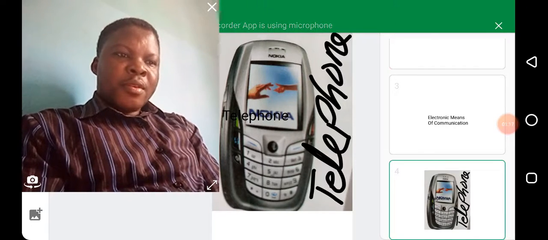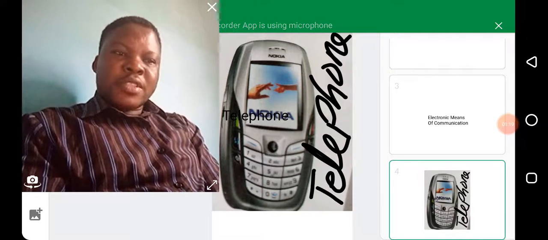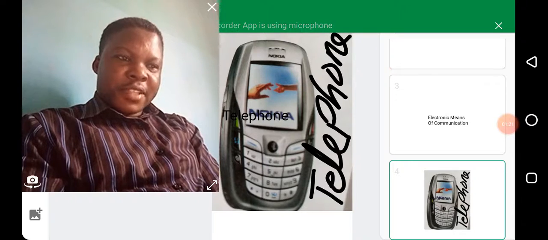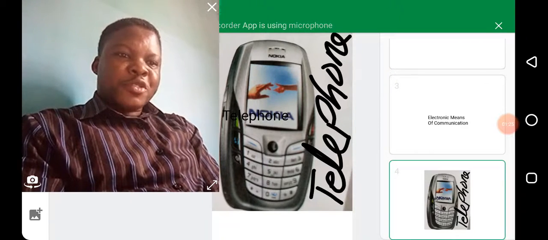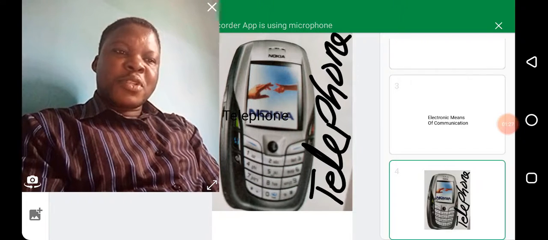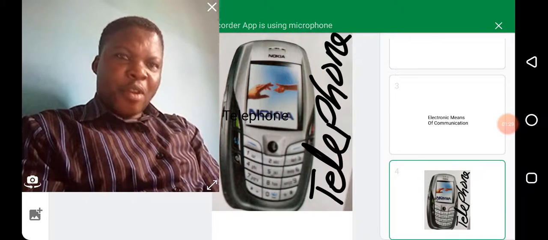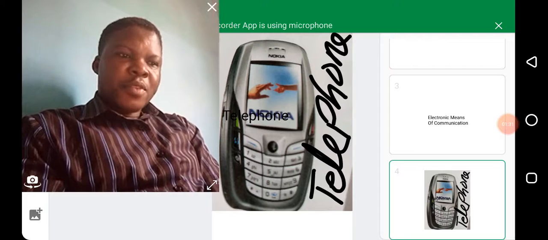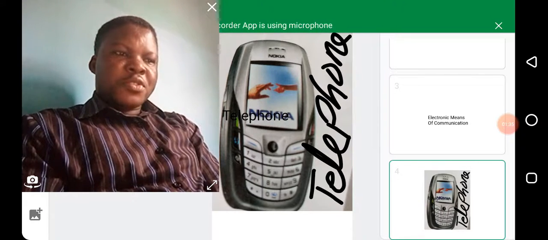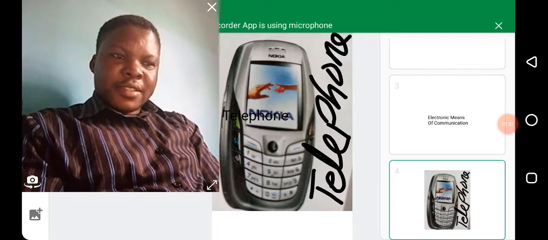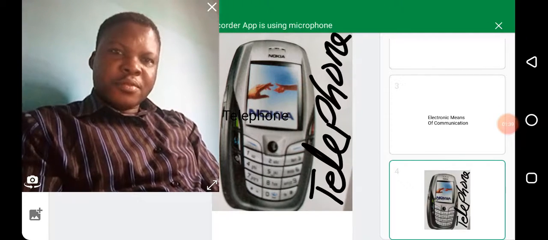When the telephone was initially invented, long cables had to be used to connect between phones. But today, we have wireless phones which use satellites in space to connect phones.